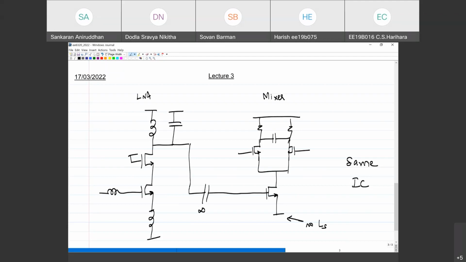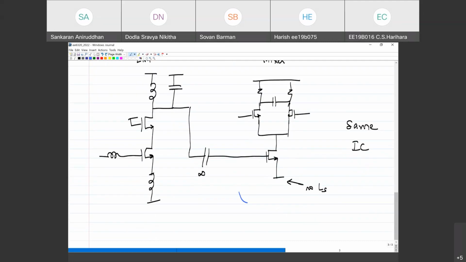If you want to linearize the mixer, and you're worried about the linearity of the gm itself, one control you have is over VGS minus VT. Yes, sir. So that is one option. You can basically set the current density of the mixer device. So that is definitely one possibility.